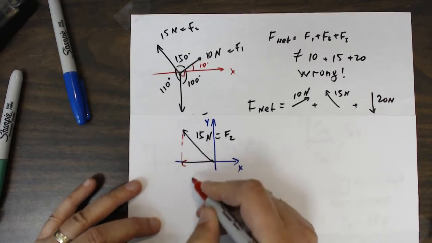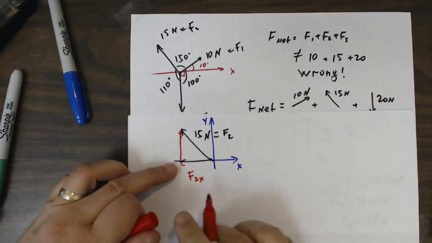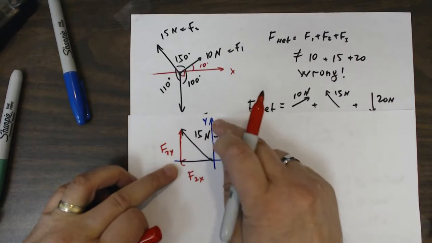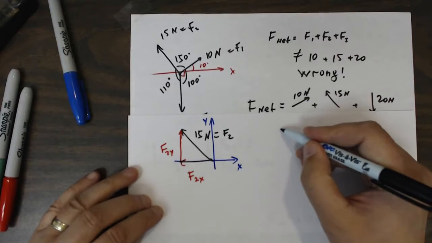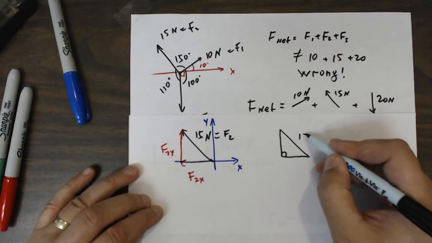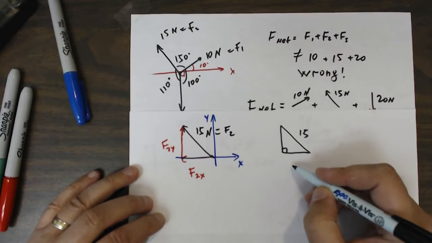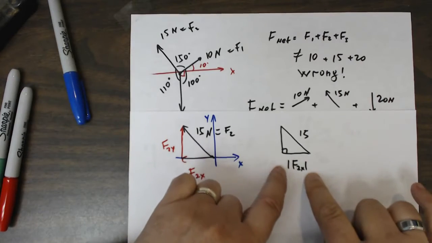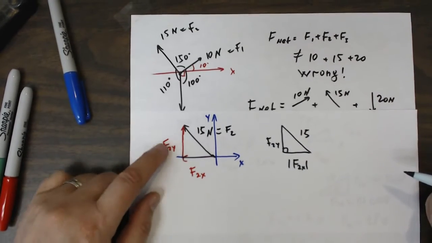The x component, F2x, points to the left, which makes it negative. The y component points up, which makes it positive. So again, vector together with components always form a right angle triangle. The hypotenuse equals 15. This side is equal to the magnitude of the x component. This side is equal to the component because it's positive.